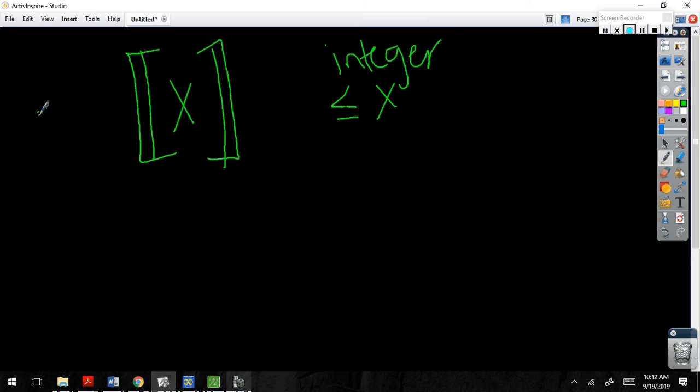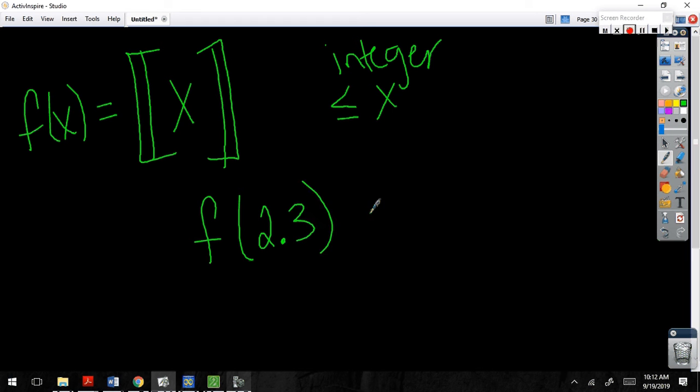So if I said that f of x was the greatest integer of x, then what would f of, let's say, 2.3 be? 2. Okay, it's the biggest integer that's less than or equal to x, so it would be 2. It goes down. Okay.